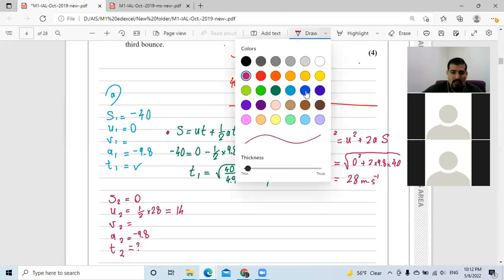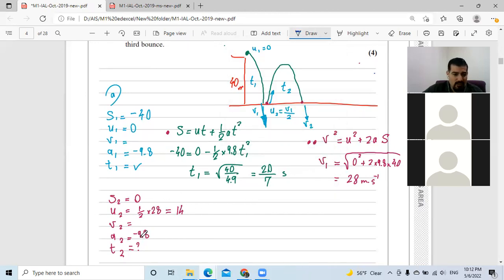Then I'll use the formula again here to find the time. Or you can say that the final velocity here is the same as the initial velocity, but with negative direction downwards. So you can choose whatever you want. We have everything, so we can use any formula to find the time.